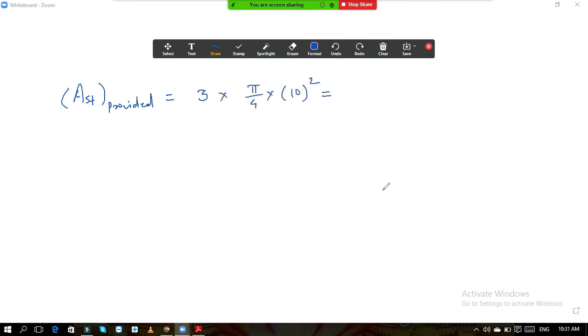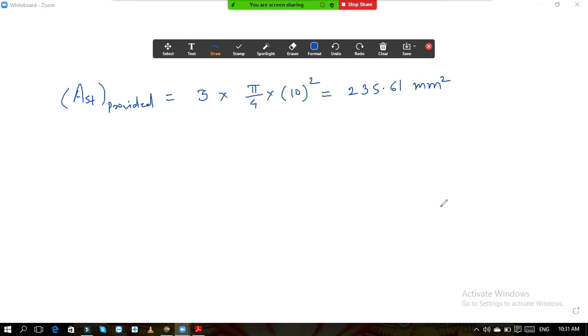Calculate this value. What is the Ast provided now? 235.61 mm square. This is the Ast provided.